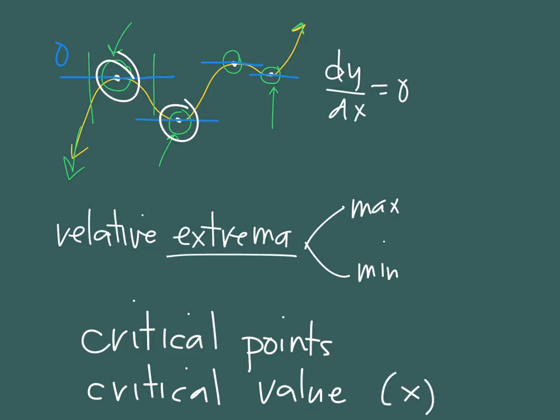A critical point is x and y. A critical value is the x value that could possibly give us the maximum or minimum. Later on we will see some numbers that are critical values but will not be considered as maximum or minimum. So critical values are candidates for producing a maximum or minimum value.